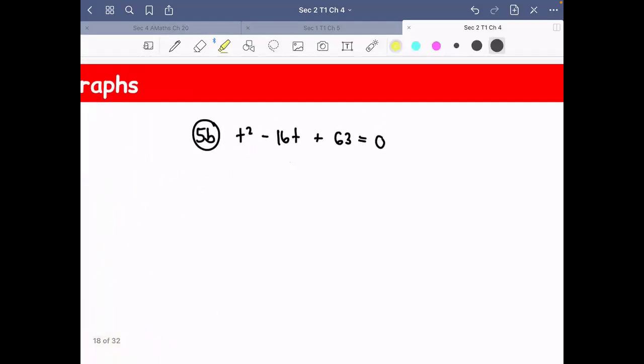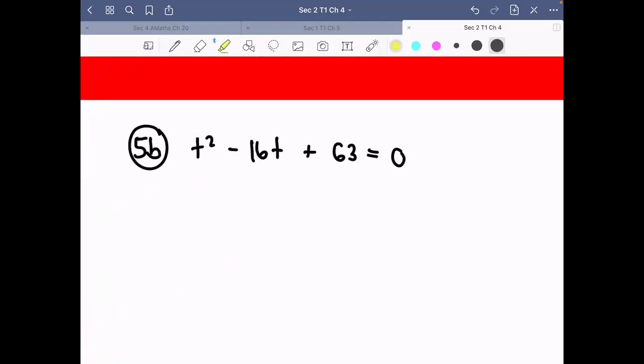Now, how about for 5b? Now, for 5b, 63 is not a perfect square anymore. So we solve this by guess and check. Okay, so t squared will give us t and t, and then 63. Again, factors of 63, sum of negative 16. Okay, so what are the correct factors of 63 that will give us negative 16?